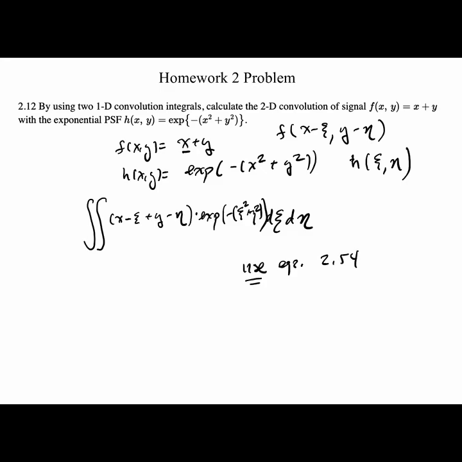The derivation is a few lines, and somewhere in the derivation it's going to be useful to use equation 2.54. So that's one hint. The other hint is: what is the integral of an odd function?